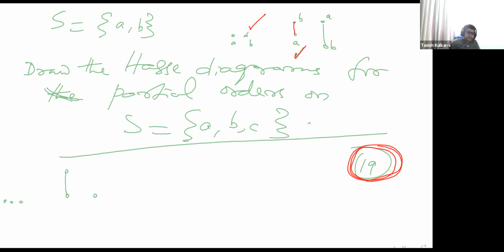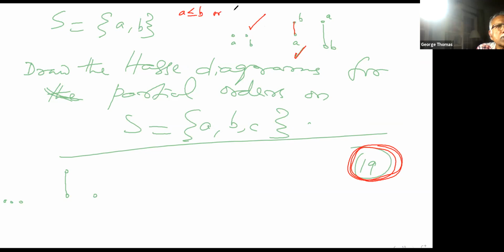No. A total order is when either this or this holds for any 2 elements. Agreed? In this case, here is a partial order. Is A less than or equal to B? No. Here A is less than or equal to A, B less than or equal to B.